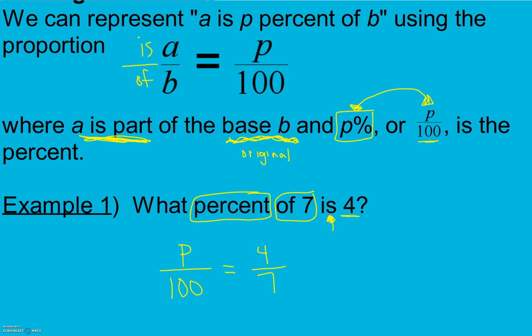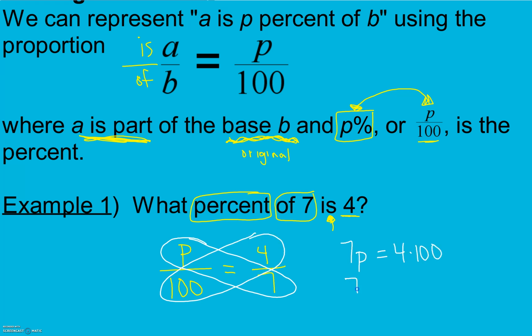Once we have our proportion, we can solve it by using cross products. We take 7 times P equal to 4 times 100. Here we get 400. And to get rid of the multiplication, we divide. Here we get 57.14, which is 57 and 1/7.